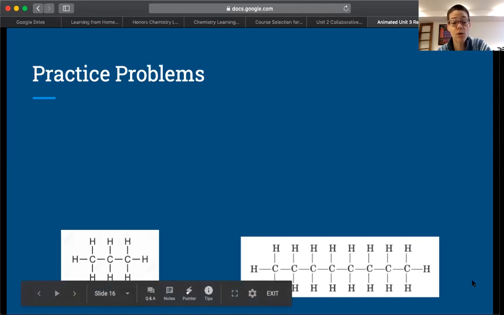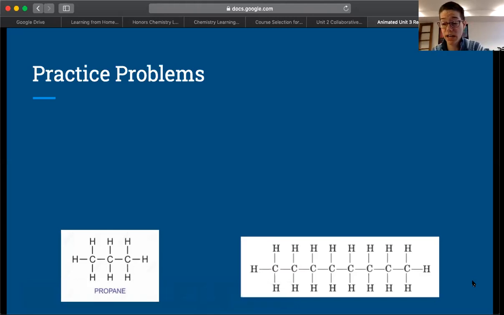So if both of these are non-polar, I can already anticipate what kind of forces are at play. LDF. So who's going to have the stronger forces here, the thing on the left or the right? The right, because it's got more electrons.